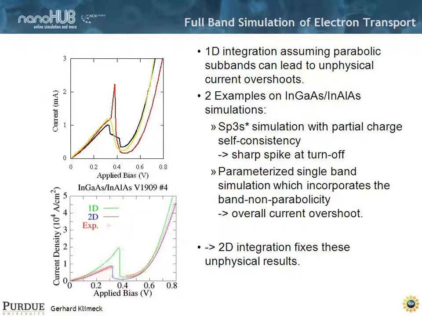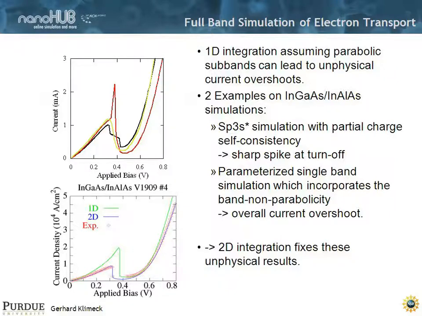So if you just do a 1D integration, and you can also find that in the tool that's on the NanoHub with effective mass, you can drive it into conditions where you suddenly see a funky spike on top of the RTD. That is because you assume that you have two buckets of parabolic dispersions pulling them past each other, and for one bias, they're all perfectly aligned.